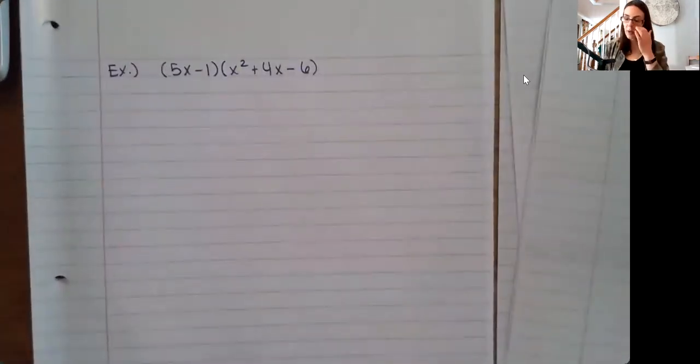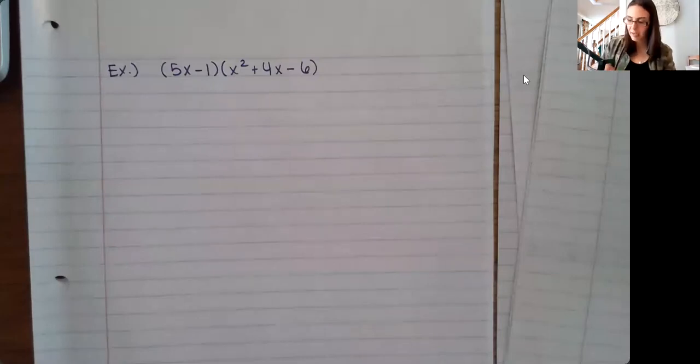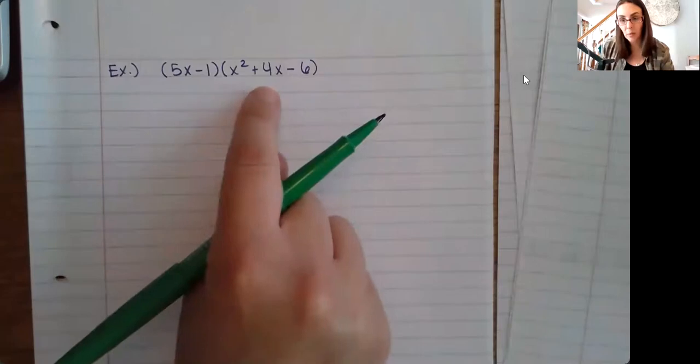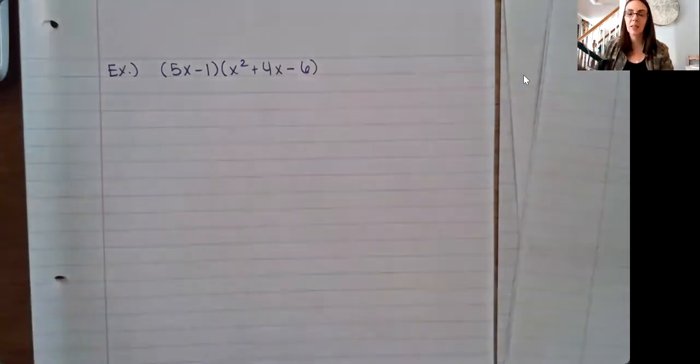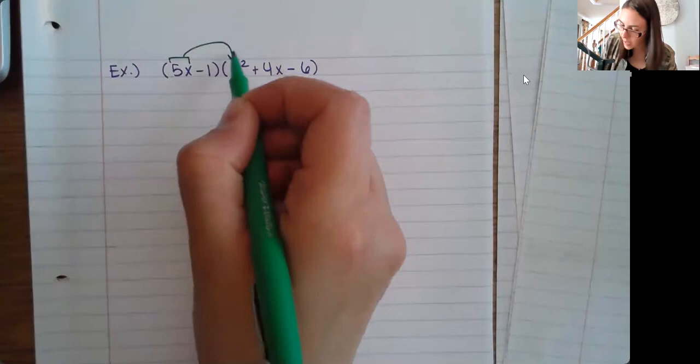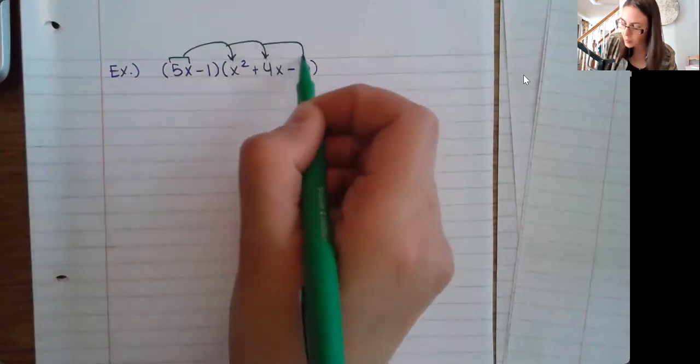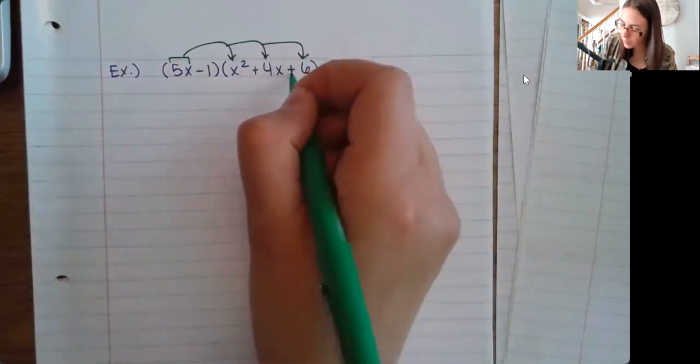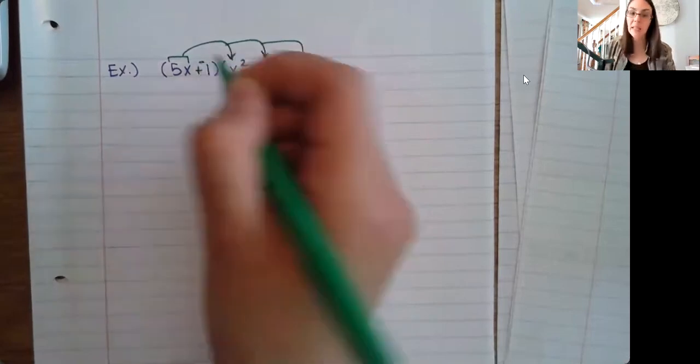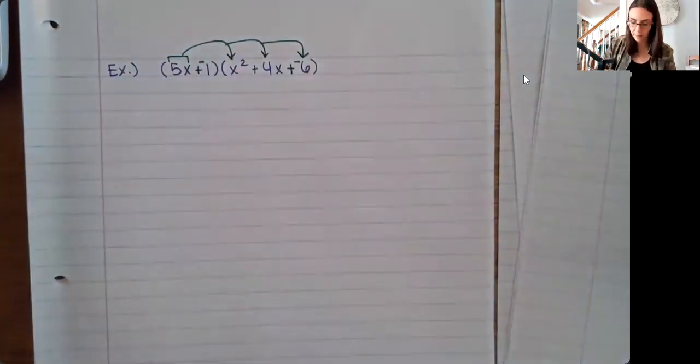So 5x minus 1 times x squared plus 4x minus 6. I have a binomial and a trinomial, so we're just extending those ideas of distributing or FOIL even, just extending it further. I'm going to start with the 5x and make sure that it gets distributed to every single term in the second polynomial. And I'm also going to change over my signs here because it will just make it easier for me to keep track of that negative.